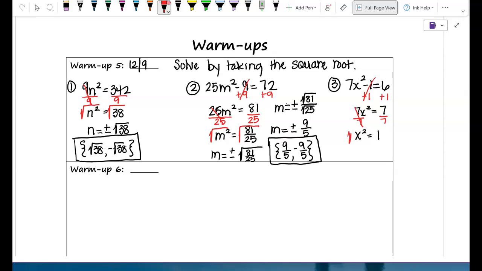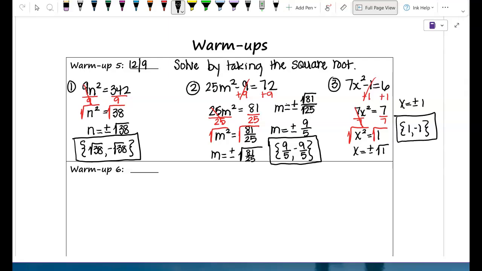Now I can take the square root of both sides. So x equals positive or negative square root of 1. Well, 1 happens to be a perfect square. So x equals positive or negative 1. So our solution set would be 1, comma, negative 1.